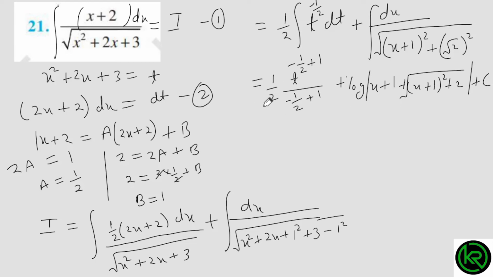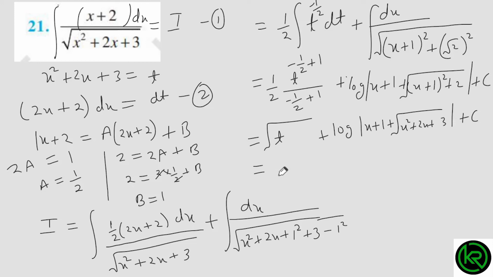Okay, and this 2 will cancel with this, and we will get under root t plus log mod x plus 1 plus, and this will open, and we will get x square plus 2x plus 3 mod close plus c. And the value of t is x square plus 2x plus 3, so plus log mod x plus 1 plus under root x square plus 2x plus 3 mod close plus c. This is our final answer.